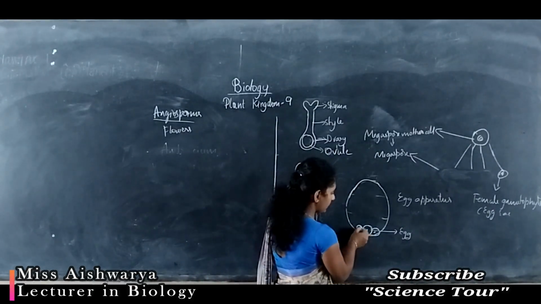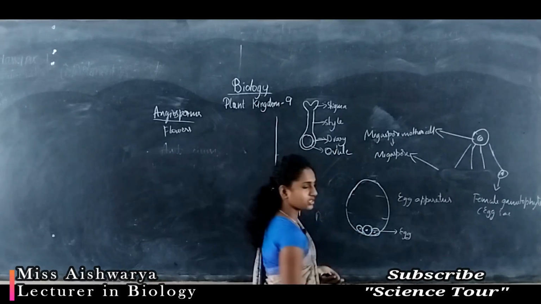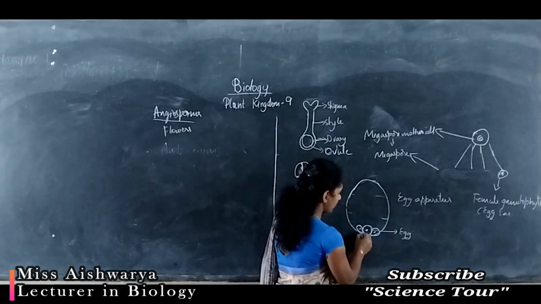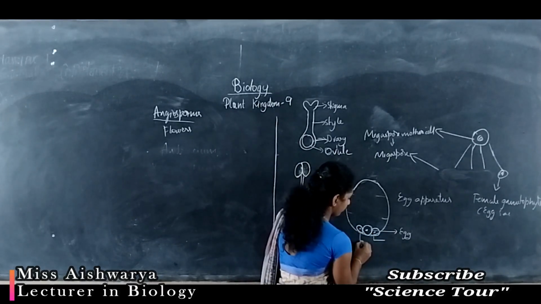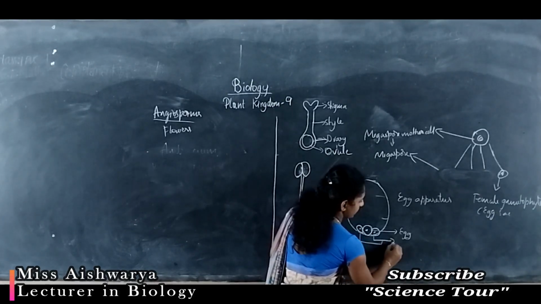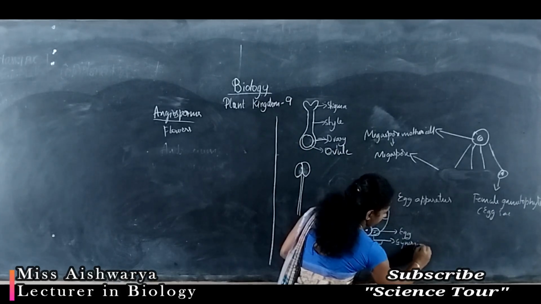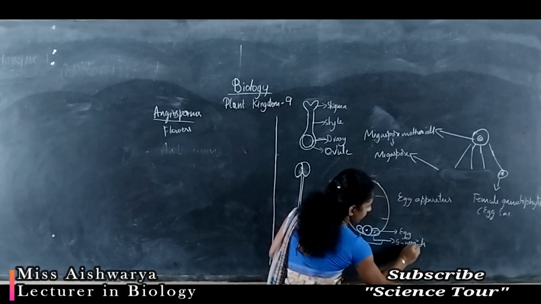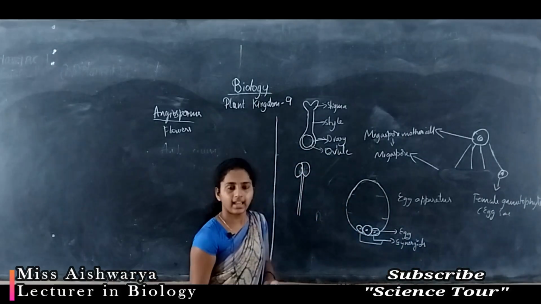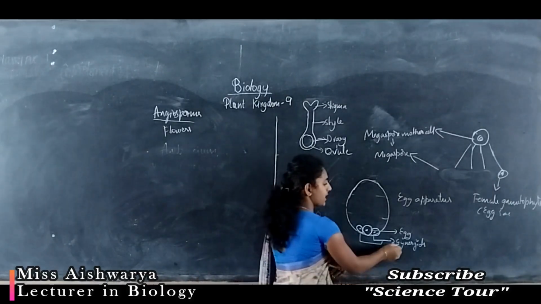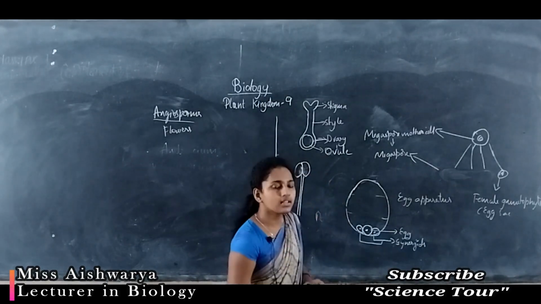On the 2 sides of the egg cell you can see cells called synergids. The 2 cells present beside the egg cell are called synergids or synergid cells.